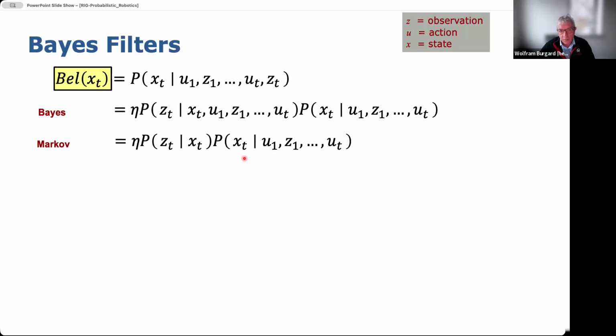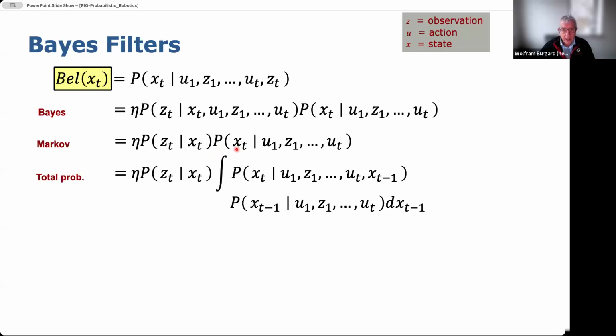What we are now doing is a marginalization trick. We integrate over the potential prior pose xt minus 1. So we replace this term by an integral in which we do the marginalization. This is nothing else but P of xt given all the values that we see here and xt minus 1, times P of xt minus 1 given all of this over here, dxt minus 1.